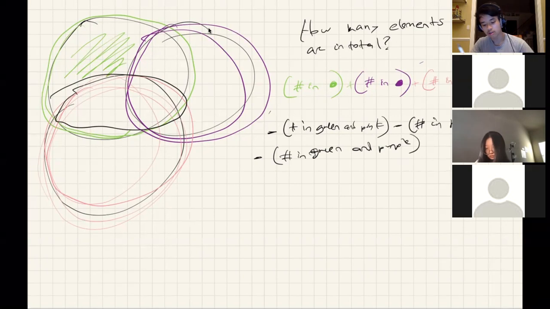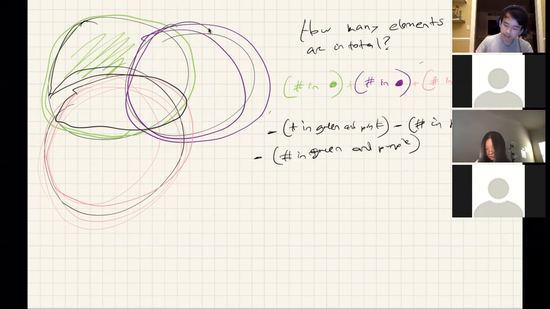We're subtracting the intersections of two circles, because everything that's only in one circle we've counted exactly once, so we don't have to deal with these anymore.